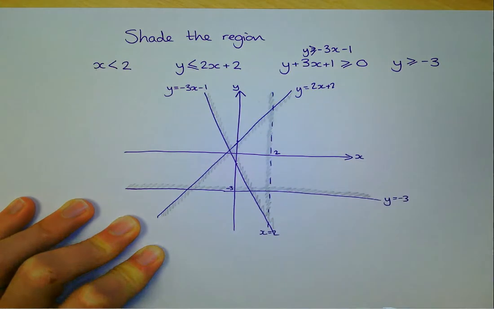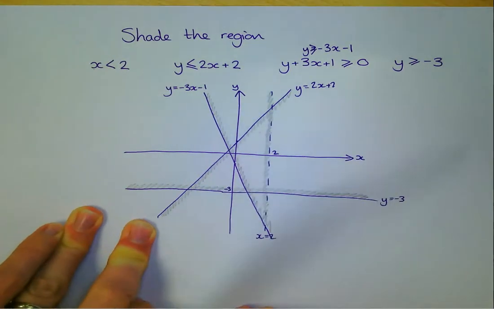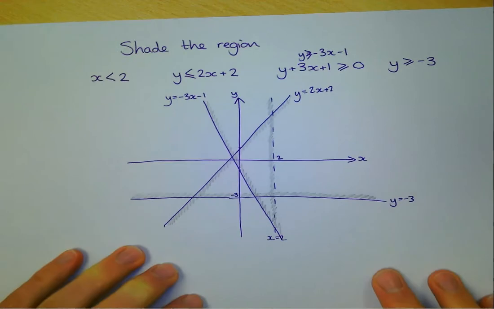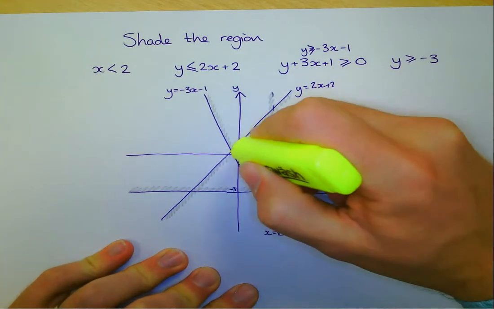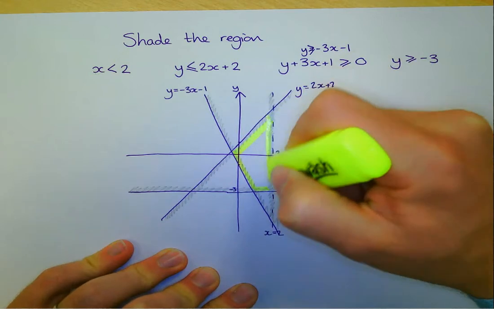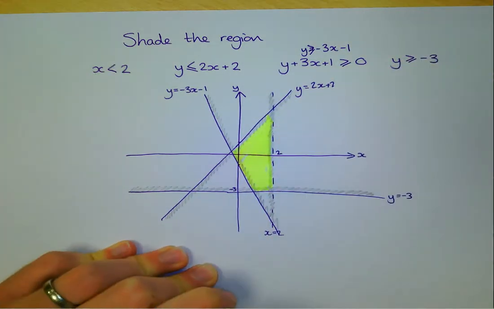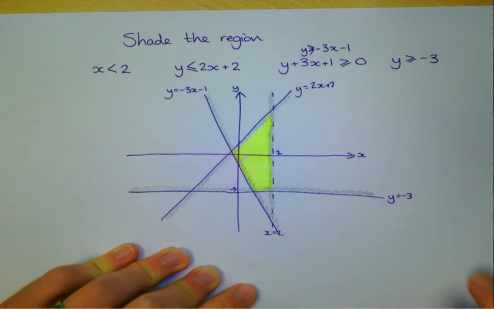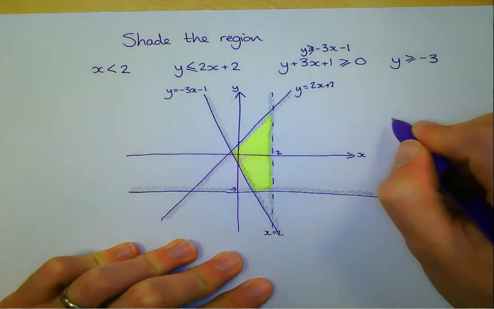Okay, so where do all these shading sections meet? You should be able to see. So I'm just trying to grab a highlighter. They all meet in this section here. So there is our region. Now, one thing they might ask you to do now is find the vertices.